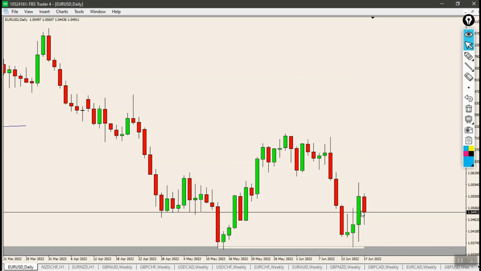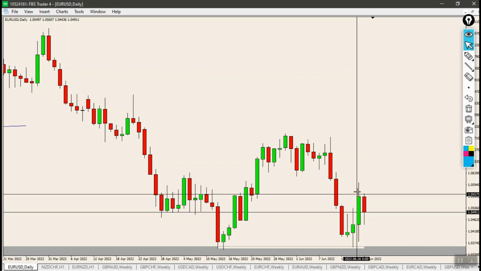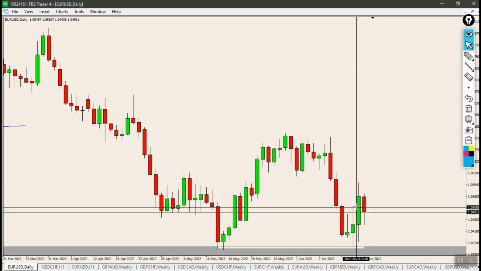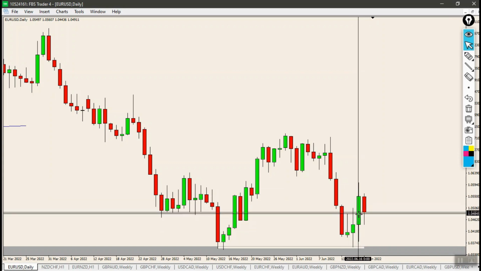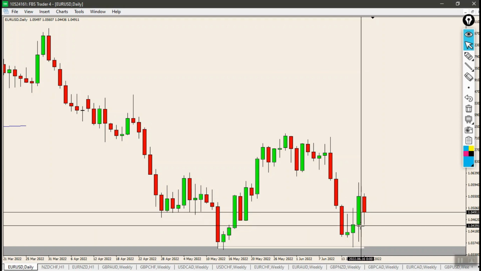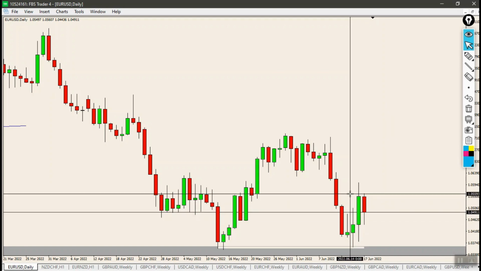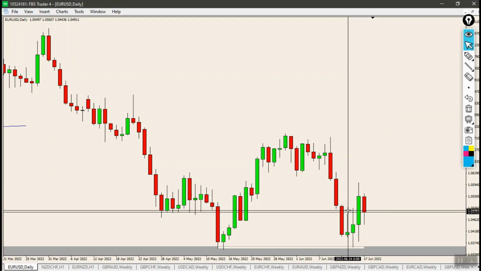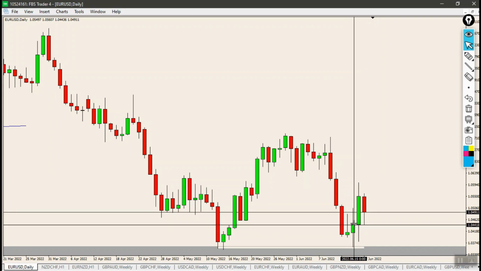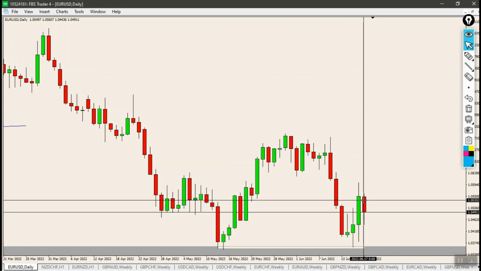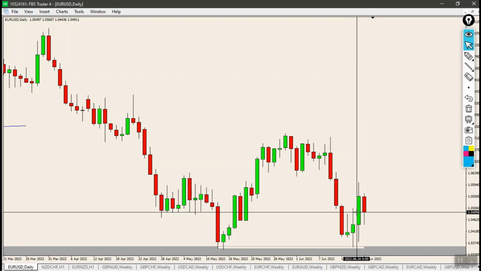So what I do is that I oftentimes place my pending orders at 50% of these kind of impulsive moves, these kind of engulfing patterns, whether it's bearish or bullish, regardless. I place my 50% of the structure, and wait for the market to retrace and activate my pending orders.